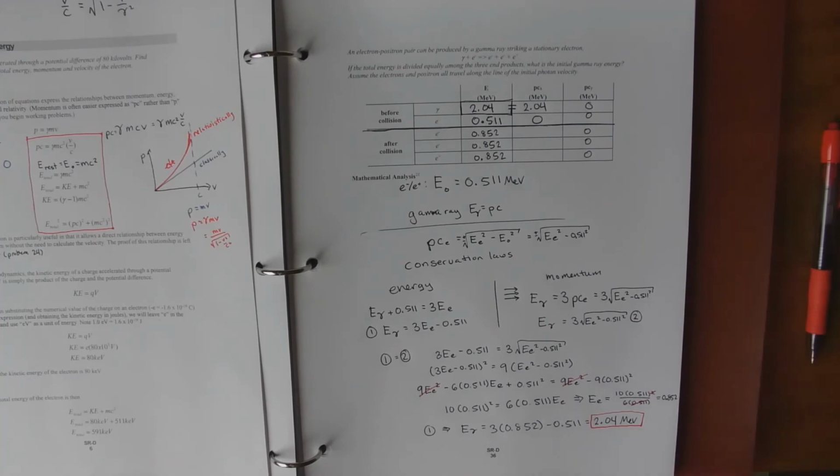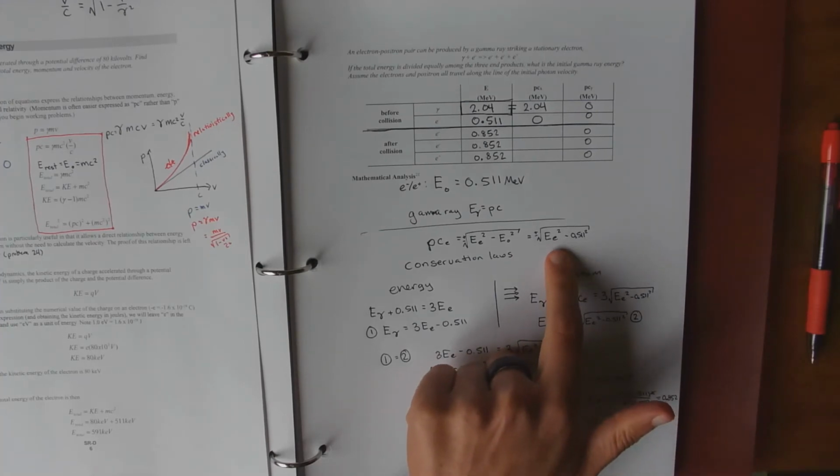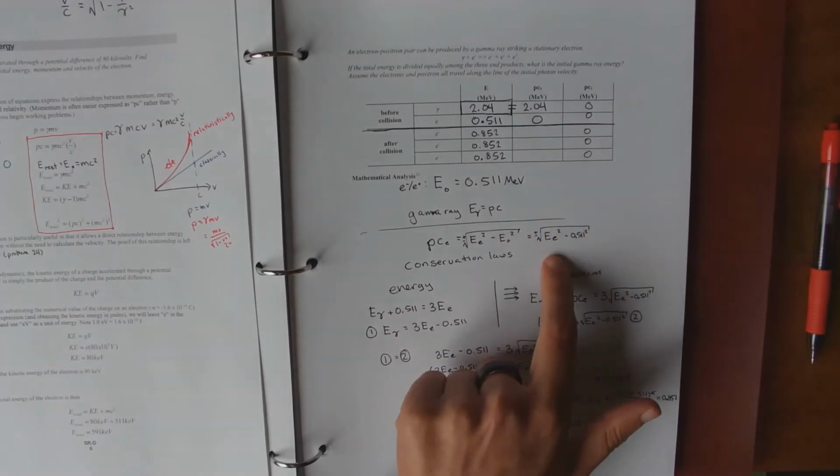And let's find the momentum, which comes from this equation here for the electrons and the positrons.